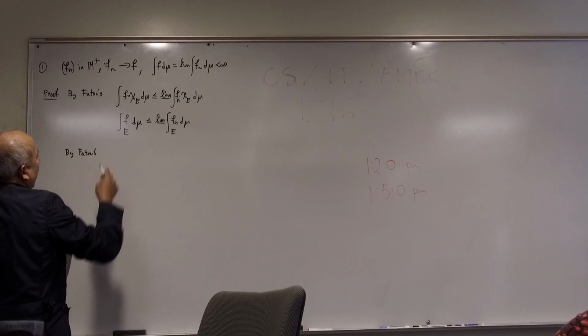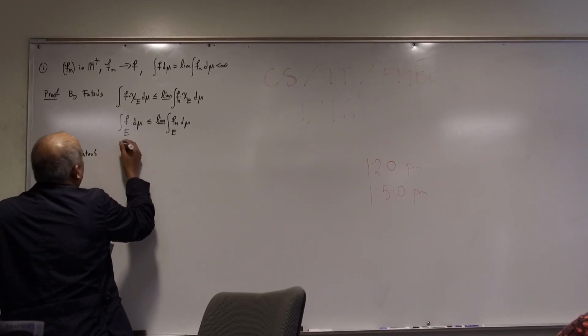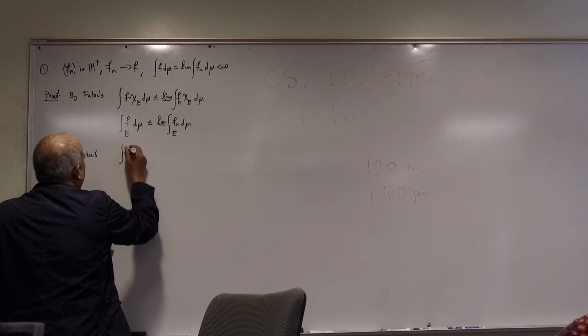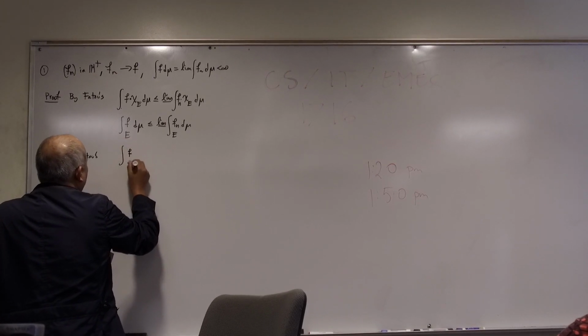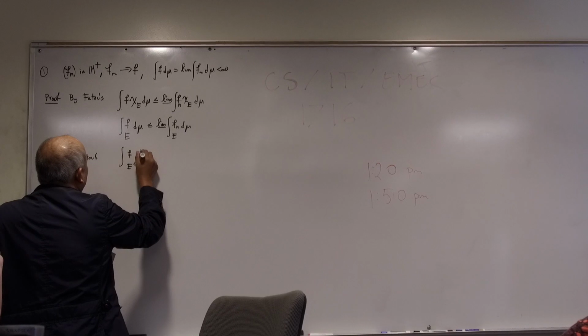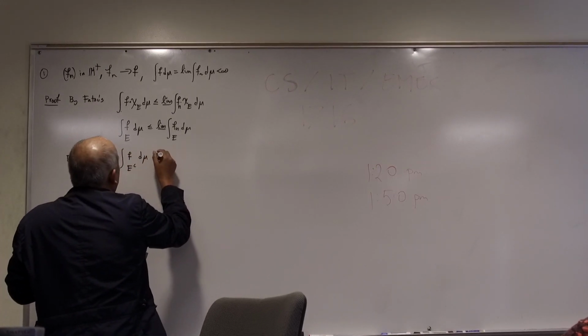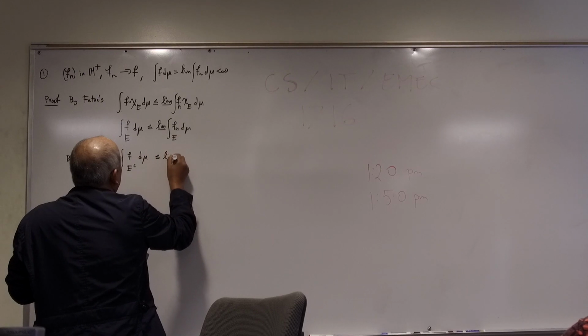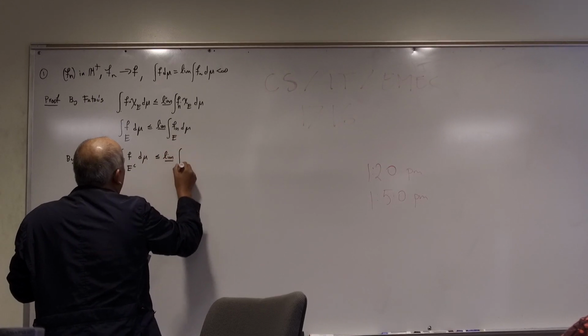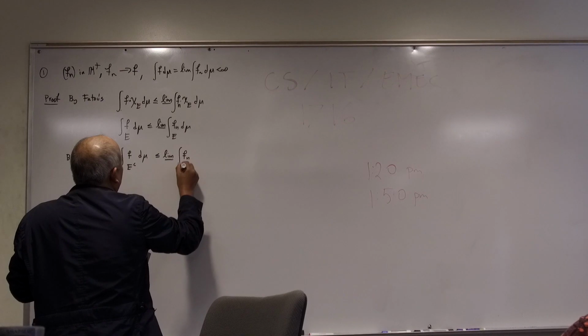But this time I apply it to E complement, so we have the integral of f on E complement dμ is less than or equal to the limit of the integral of fn on E complement.